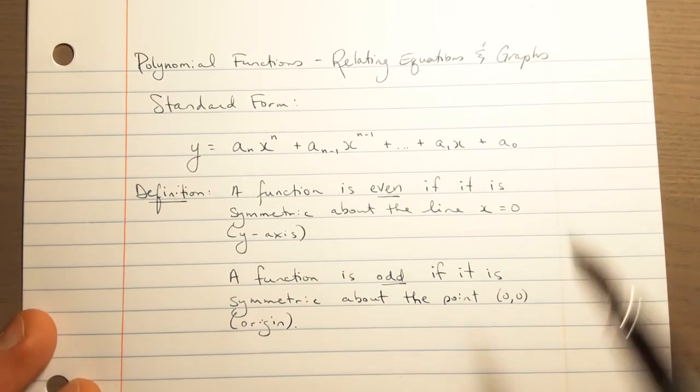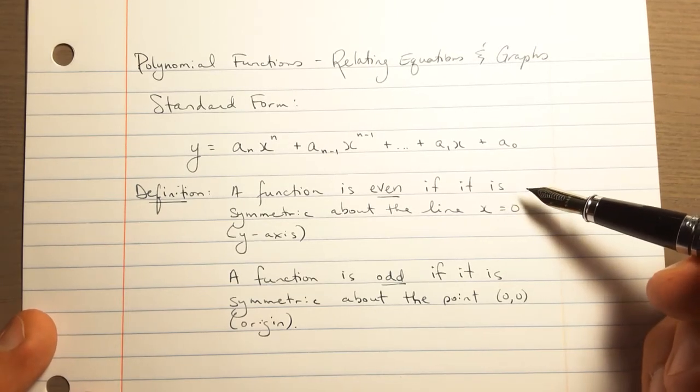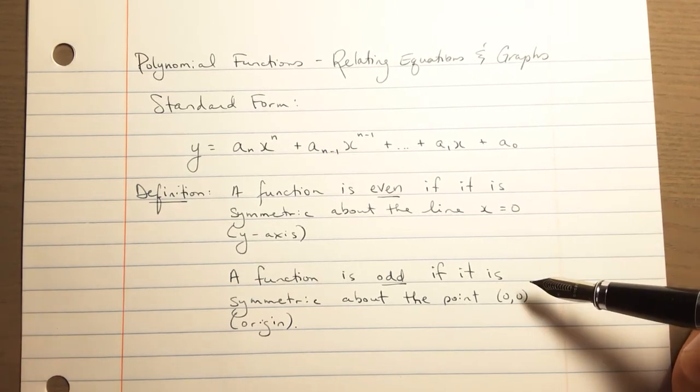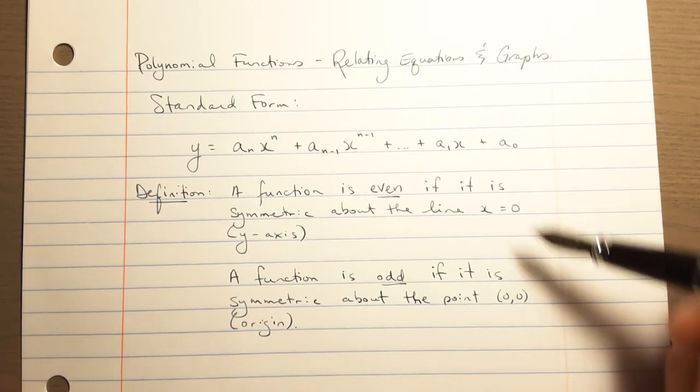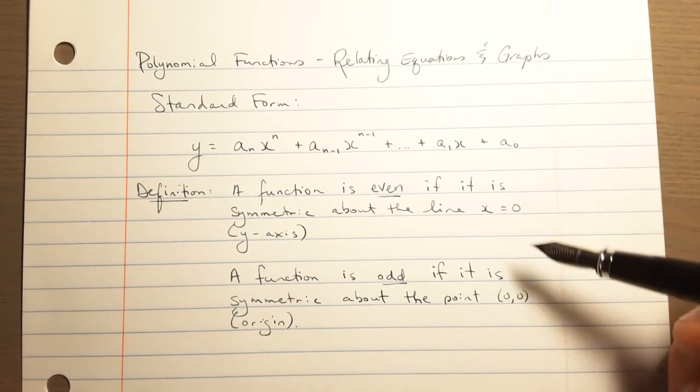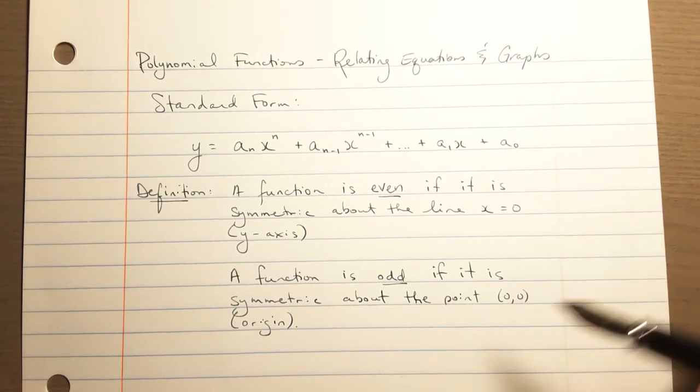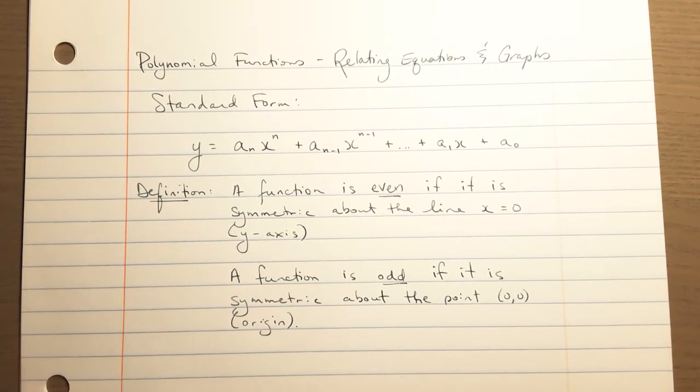Okay, now we did just see both of those. This happened when we had an even degree power function, and this happened when we had an odd degree power function. But these definitions are both going to apply to other kinds of functions, including other polynomials that are not power functions. So here's how we're going to know.